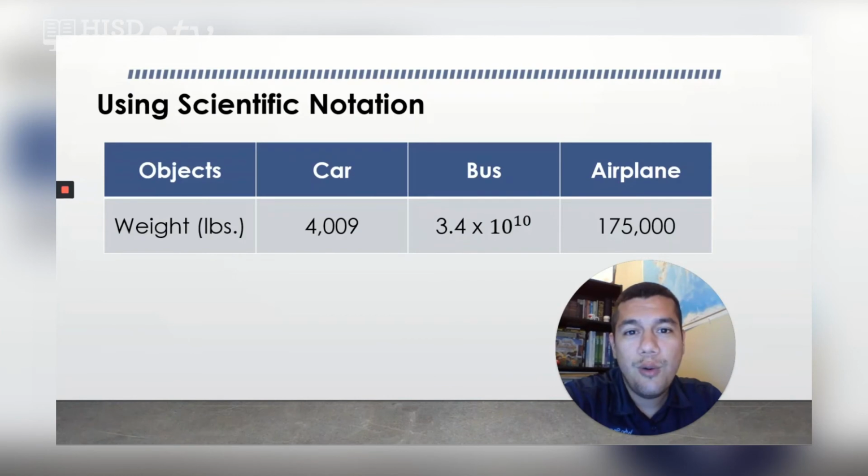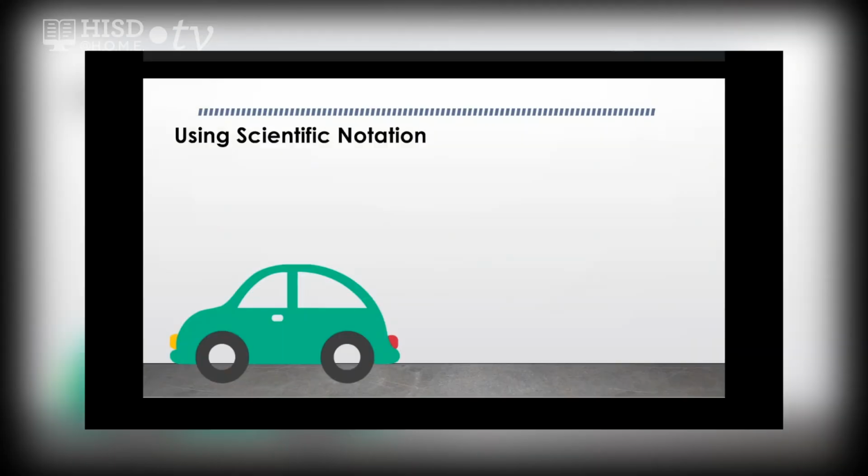Now let's look at the following examples and let's use scientific notation so we can express the weight of different transportations. The weight of the car is 4,009 pounds. So we said that scientific notation uses a number that is equal to 1 or greater and less than 10.